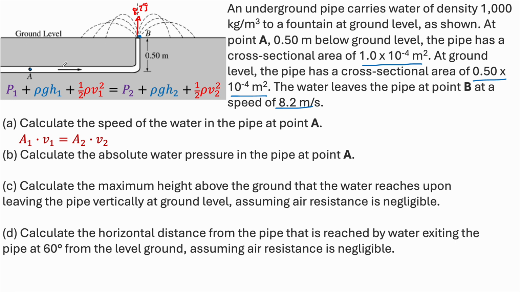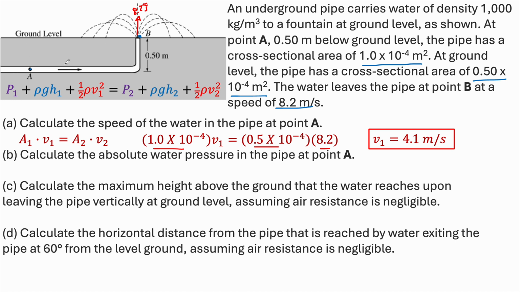If we solve it real quick, area underground is this. Area above ground is this, where the velocity is this. We can solve for the velocity underground, and some of you can see it real quick. Because the area is twice as big, the velocity is half as large, so 4.1 meters per second.